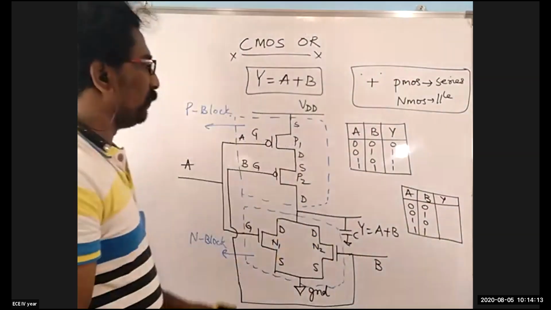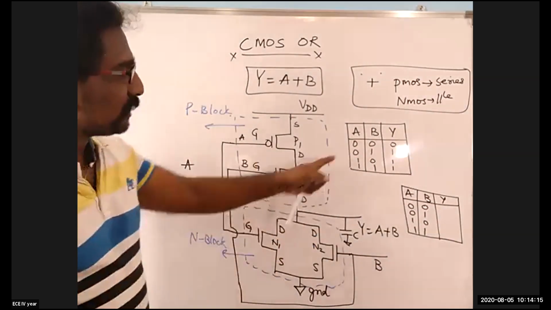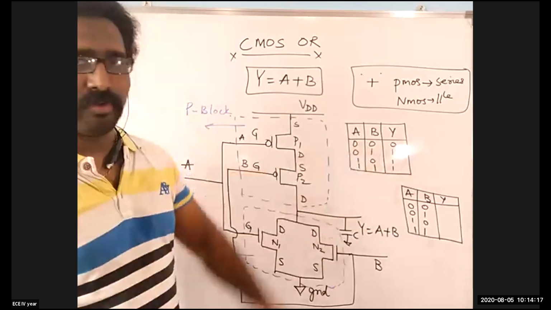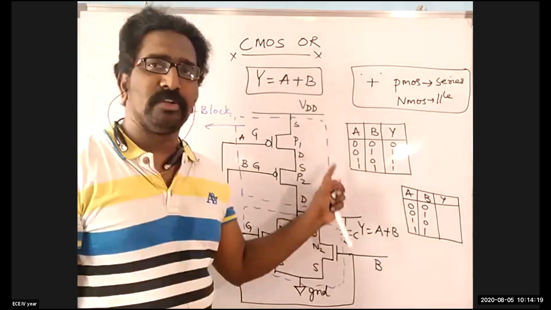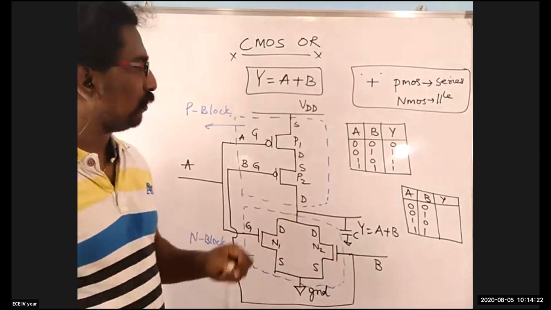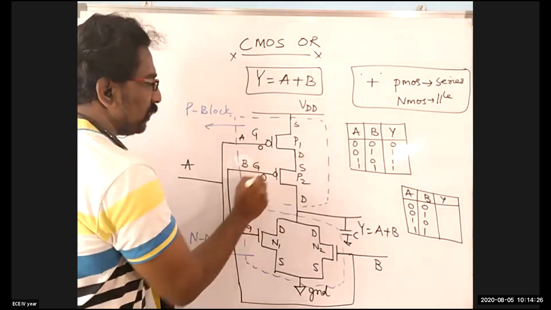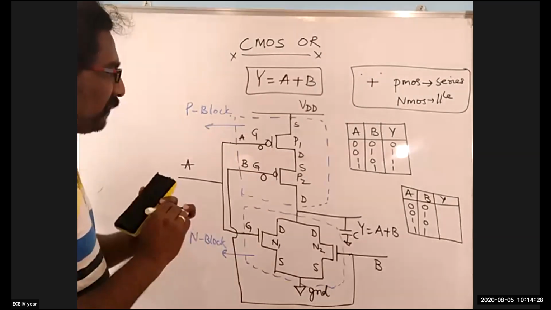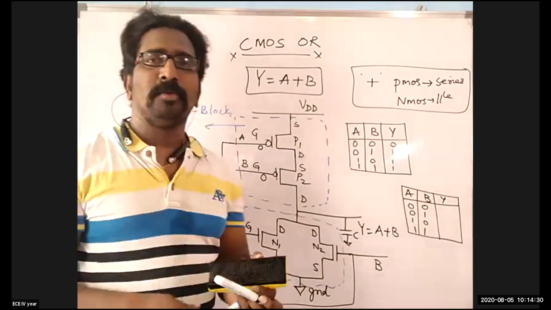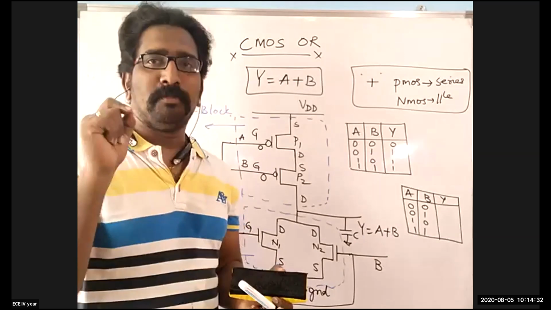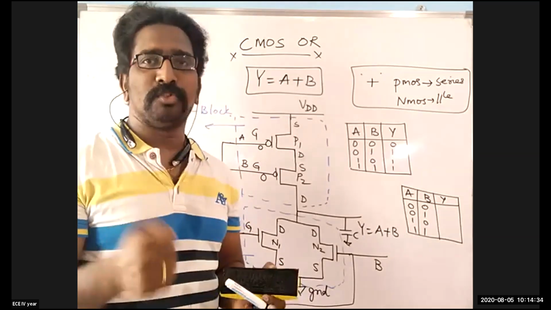So see now, the first one. What is the first set of inputs? It is 0 and 0. If the set of inputs is 0 and 0, then our output should be 0. Let us see what happens here. If A is equal to 0 and B is equal to 0, then definitely we know that whenever the input is equal to logic 0, the PMOS will be turned on and the NMOS will be turned off.